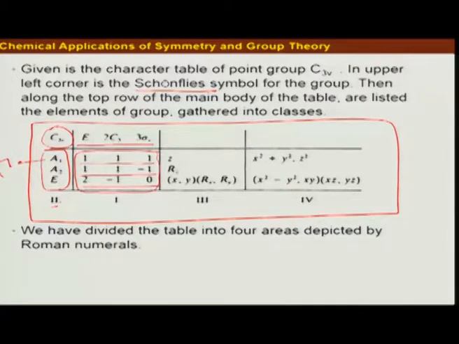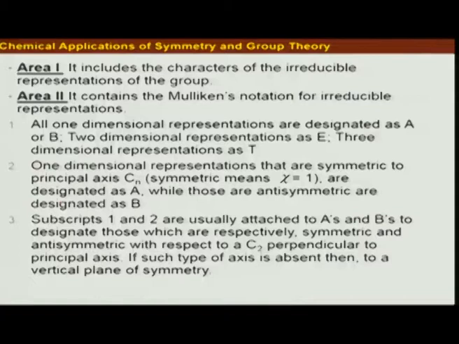These are the symbols called Mulliken symbols, named after R.S. Mulliken. These symbols are not given arbitrarily. There is a definite convention for using them. So, let us see what rules or conventions are followed for this nomenclature.